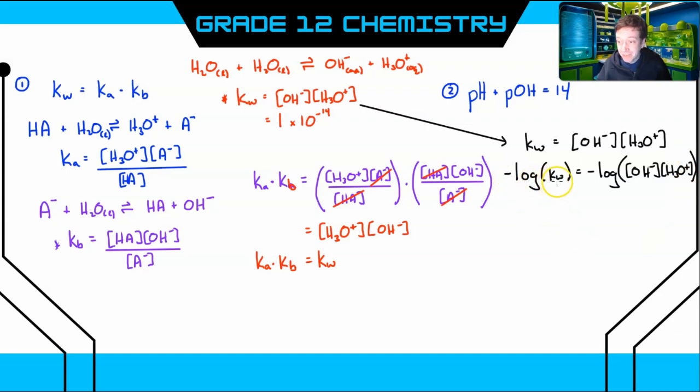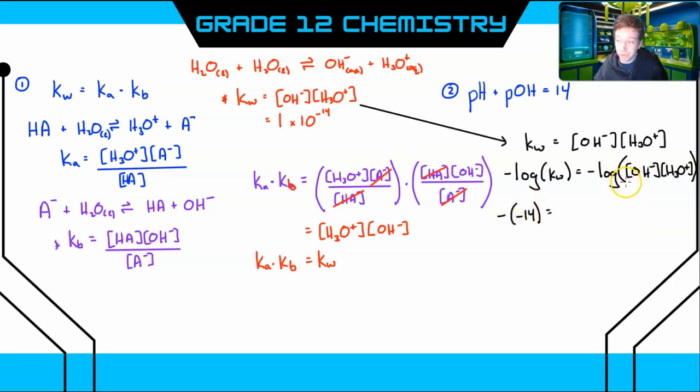Negative log of Kw, if you plug in 1 times 10 to the minus 14 into your calculators, you're simply going to get 14. We have our negative out in front, and then the log of 1 times 10 to the negative 14 is just negative 14.